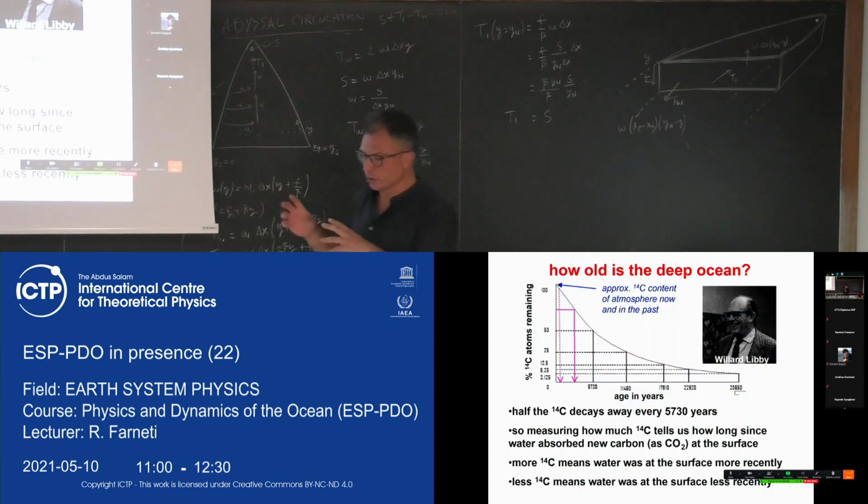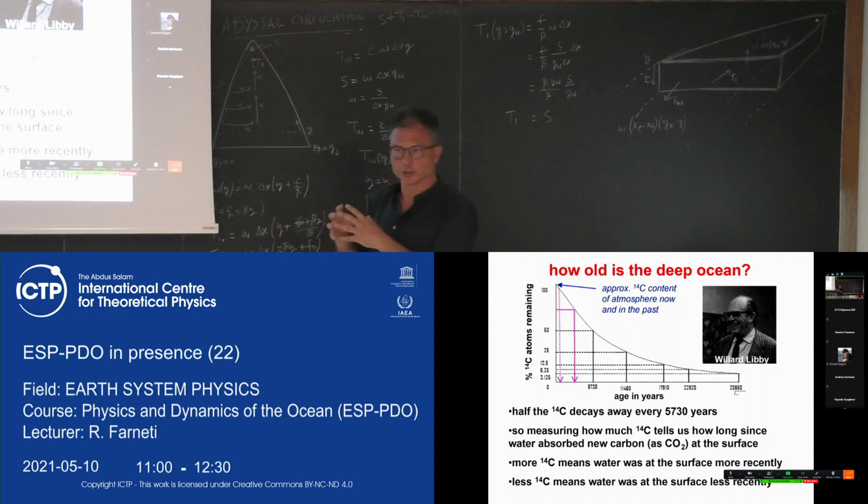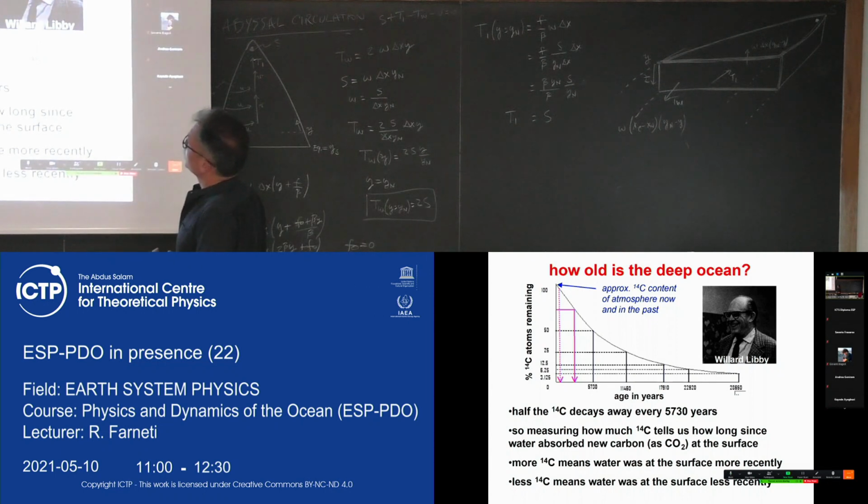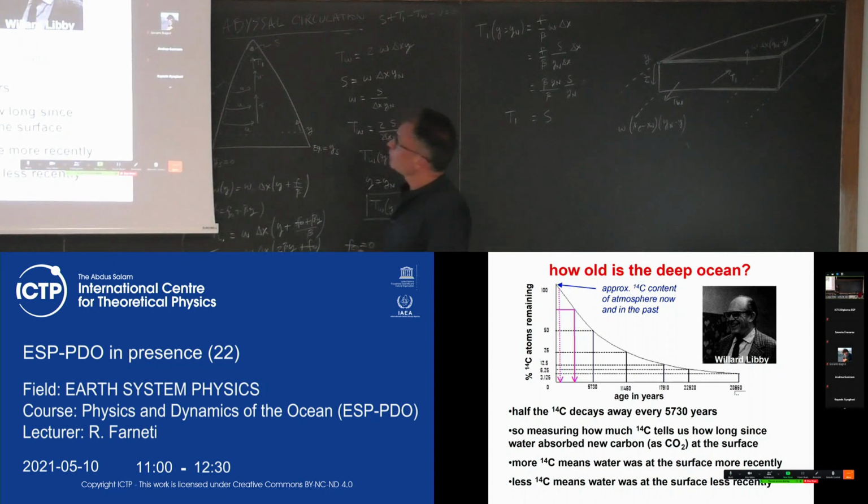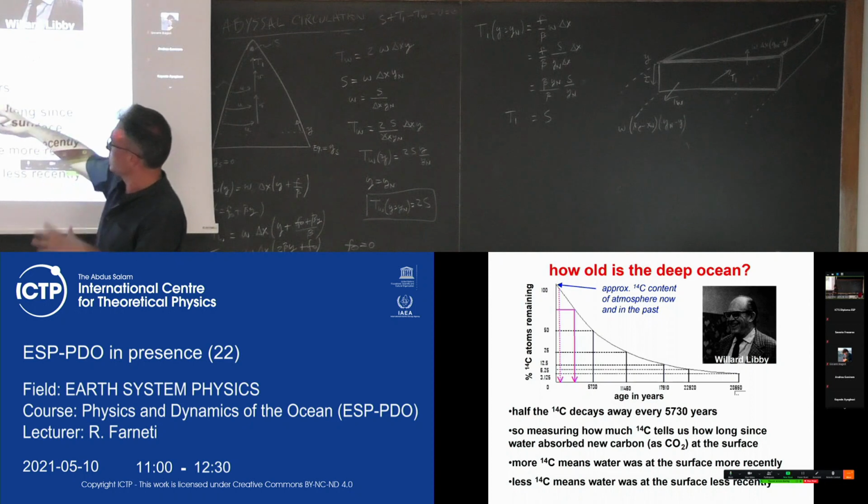So remember we looked at the example of oxygen concentration in the ocean, at a certain isopycnal level, which was at the bottom. And we saw that it was flowing as a deep western boundary current. You can look at another proxy for the ocean, which is carbon-14. Carbon-14 decays very slowly, with a half-life of about 5,700 years.